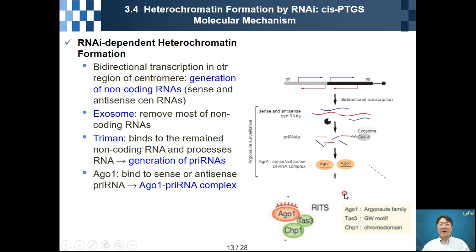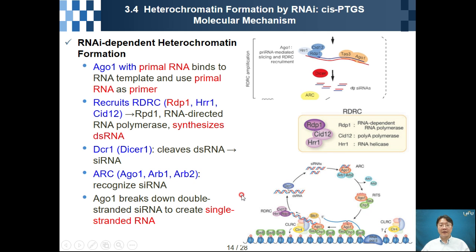So usually the AGO1 protein binds to sense or antisense pre-RNAs. So it will make the AGO1 pre-RNA complex. The AGO1 pre-RNA complex binds to the RNA template and uses the pre-RNA as the primer.